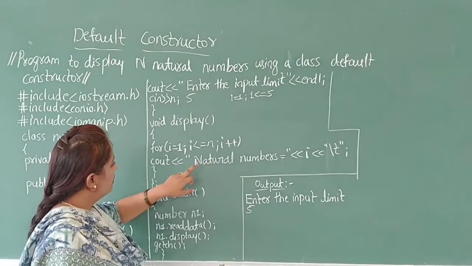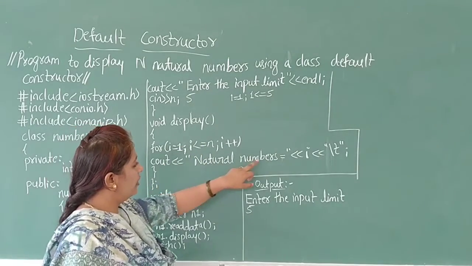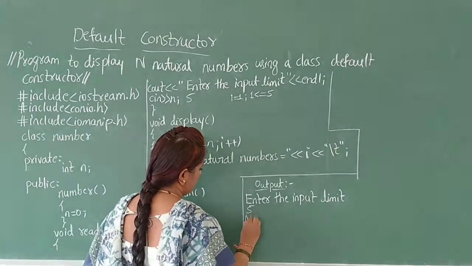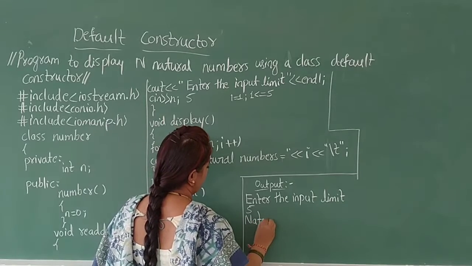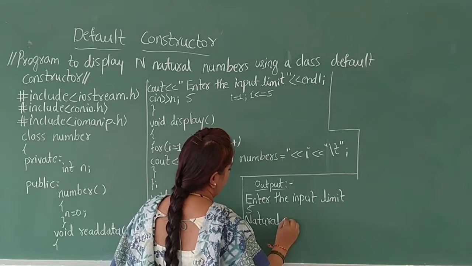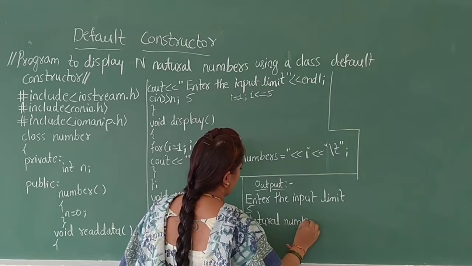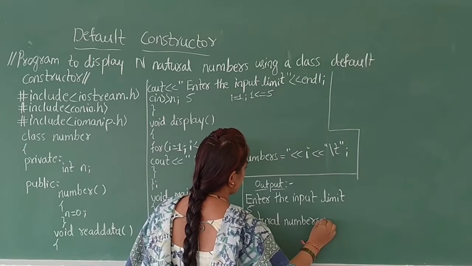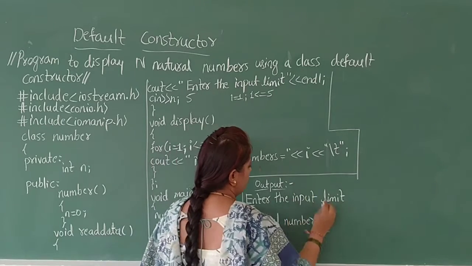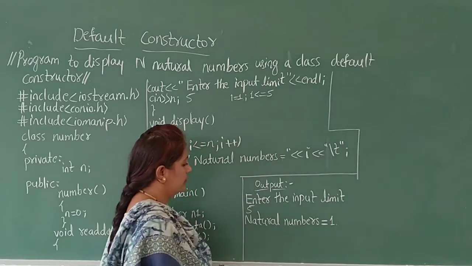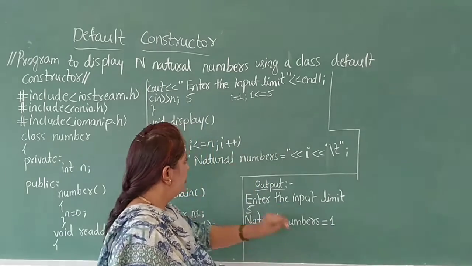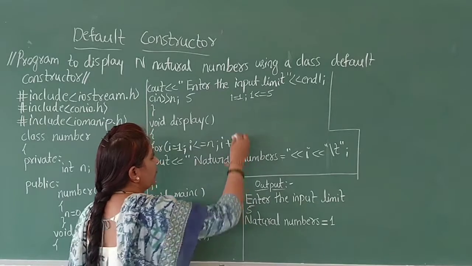Then it displays the n natural numbers. N natural numbers is equal to 1. Next, i is incremented by 1.